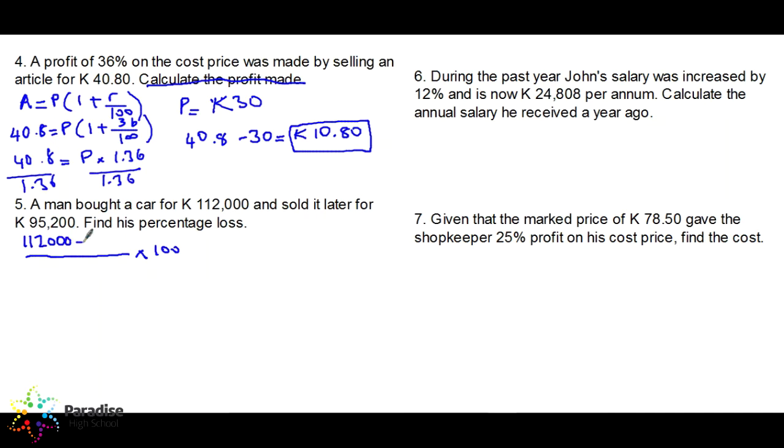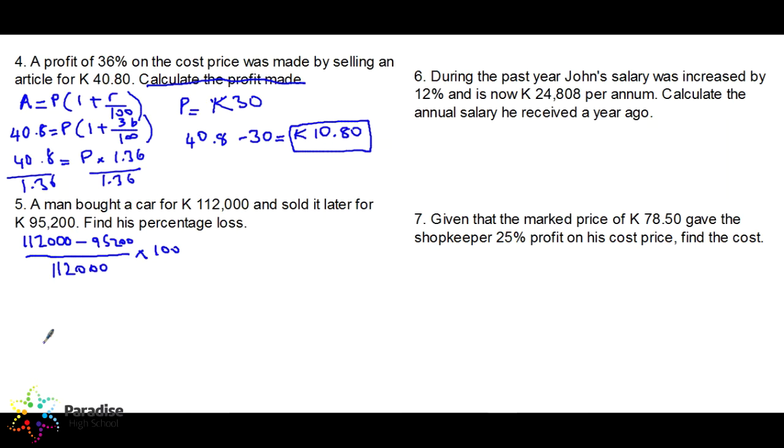How will I find it? The amount that I bought it for and the amount that I sold it for, we subtract them. Based on what price did you lose money? Based on 112,000 kina. So divided by 112,000.